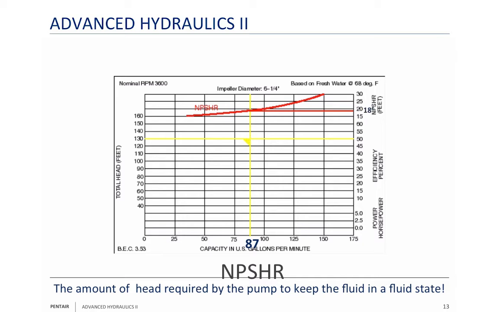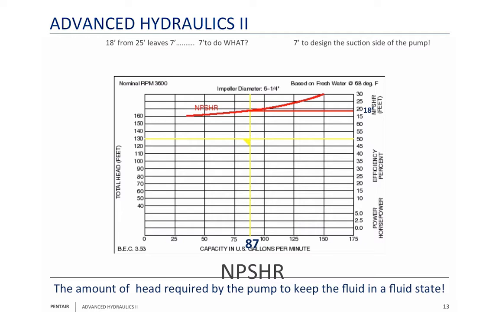And it's saying, I want 18 feet of head to keep this fluid in a fluid state. In other words, how much head back pressure do I need to prevent cavitation? All right? So, if we take that 18 and we subtract it from 25, that leaves us 7. 7 feet to do what? 7 feet to design the suction side of the pump.